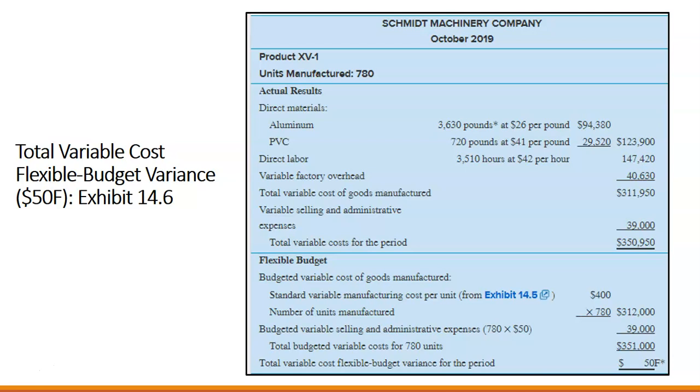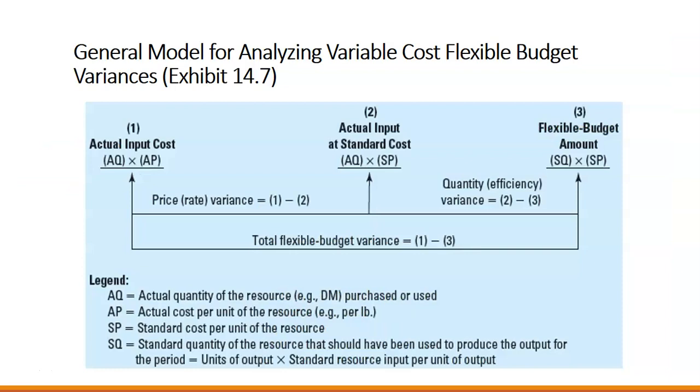So we have our actual results compared to our flexible budget results. Our flexible budget variance gets broken down into a price rate variance and a quantity or efficiency variance. So this calculation schedule is the same both for direct materials and direct labor.